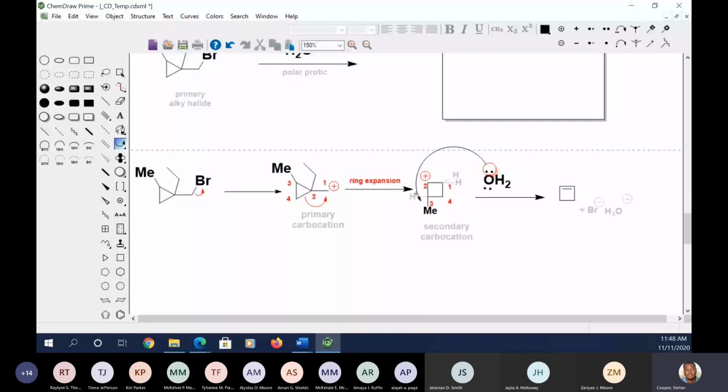And can anybody tell me why? What rule tells me to do that? What's the name of that rule that tells me to pull that hydrogen versus the other one? Nobody knows?